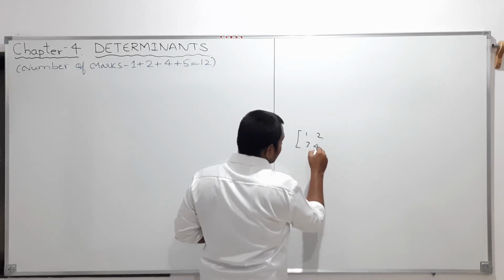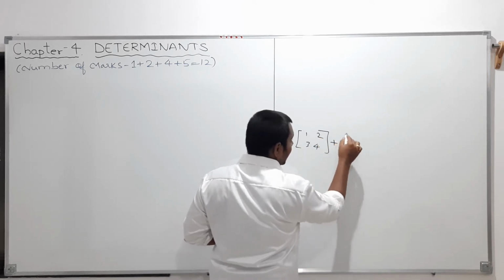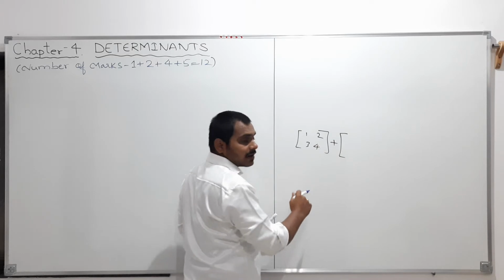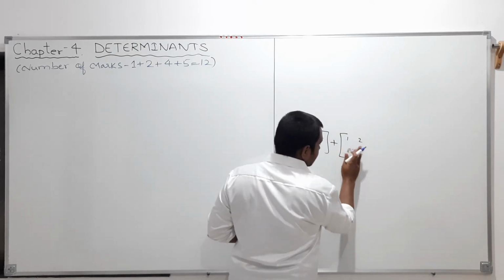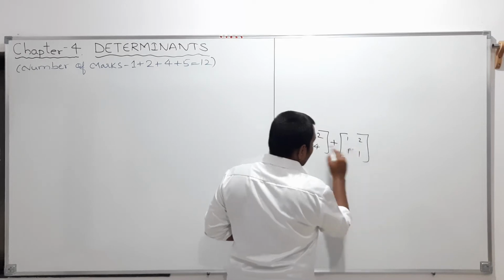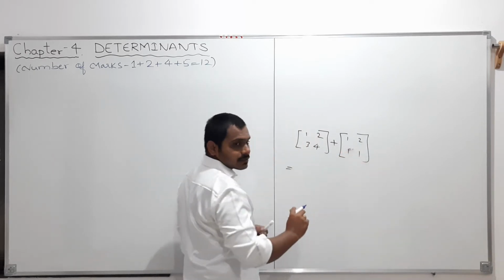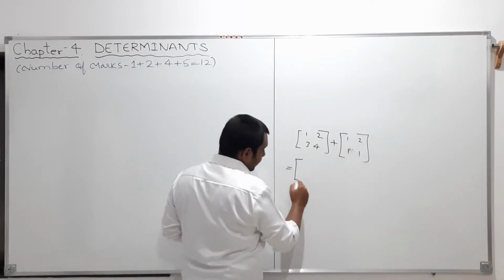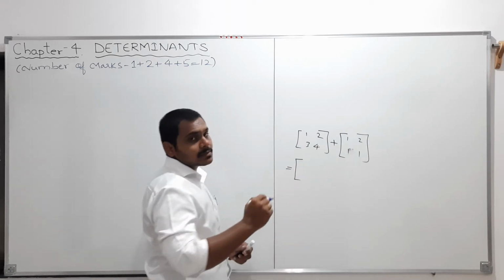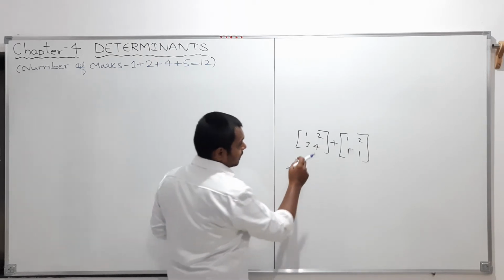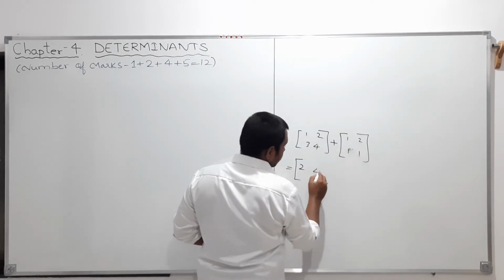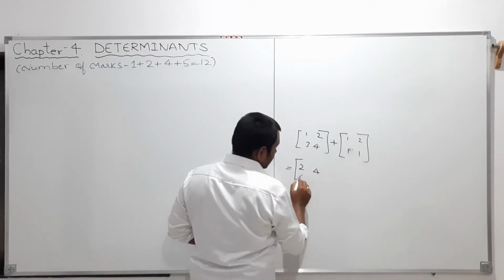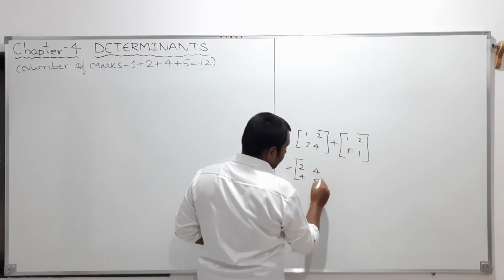You can observe, my dear students, if I take a matrix 1 2 3 4, and add it with another matrix 1 2 3 4, or else you can take 1 1. After adding these two matrices, whatever answer I am getting is in terms of a matrix itself. 1 plus 1 is 2, 2 plus 2 is 4, 3 plus 1 is 4, 4 plus 1 is 5.